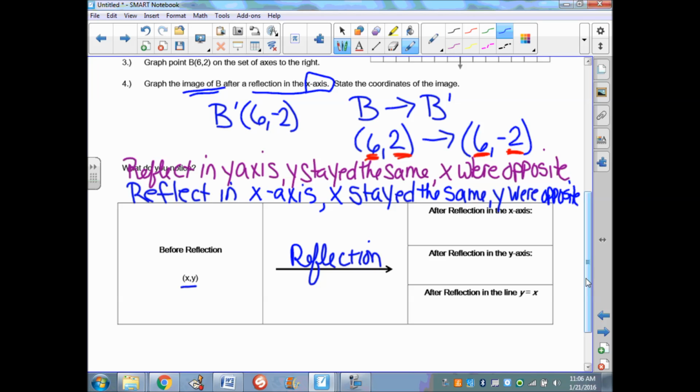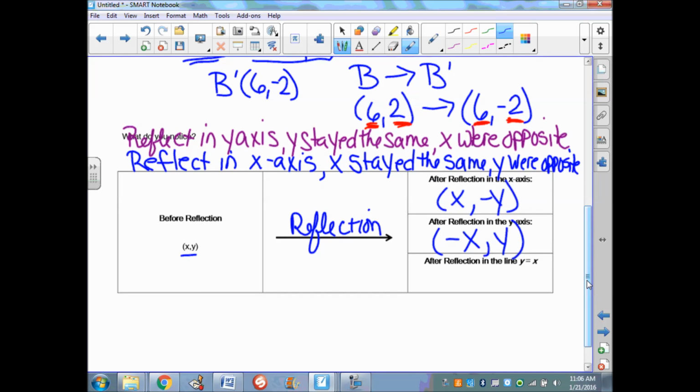When we reflect in the x-axis, our x's stayed the same, but the y's changed. So then when we reflected in the y-axis, the x's changed, but the y's stayed the same. Now this next one, I'm going to give you the rule for it, and then we're going to practice it. You're going to see what happens. So now, what is this all going to mean?